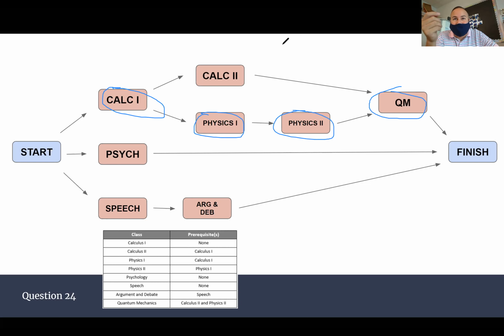Spring of your junior year? Physics 1. Fall of your senior year? Physics 2. And then spring of your senior year, you'll have to take quantum mechanics. If you don't take it in that order, on those for sure, you won't graduate on time.